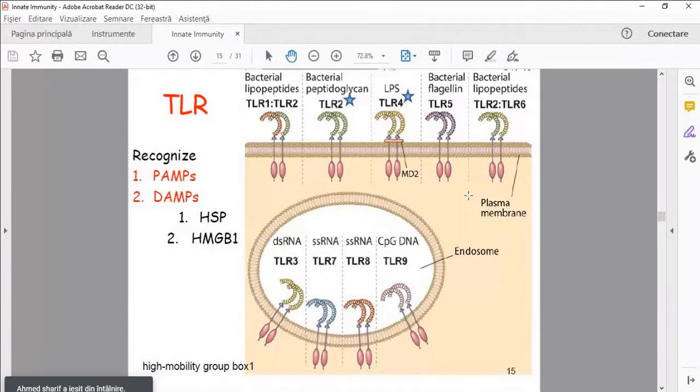These are chaperone proteins which are expressed when a tissue cell suffers some stress, for example the stress after a viral infection, and also HMGB1, the high mobility group box 1 molecule, which is also associated with viral infection stress.